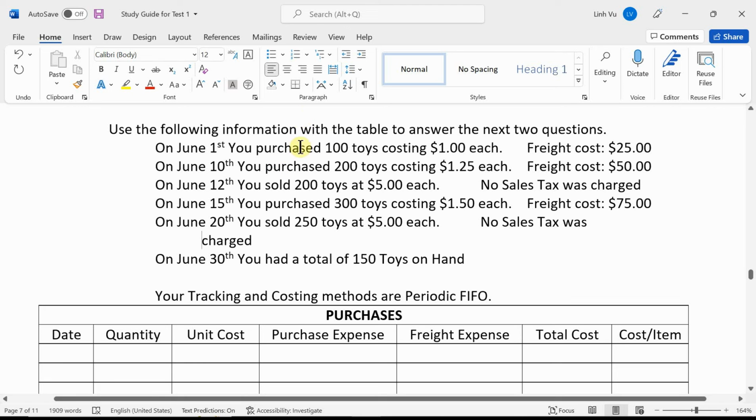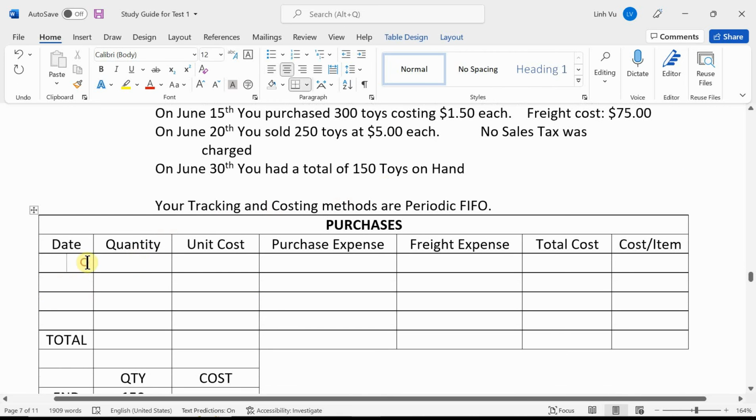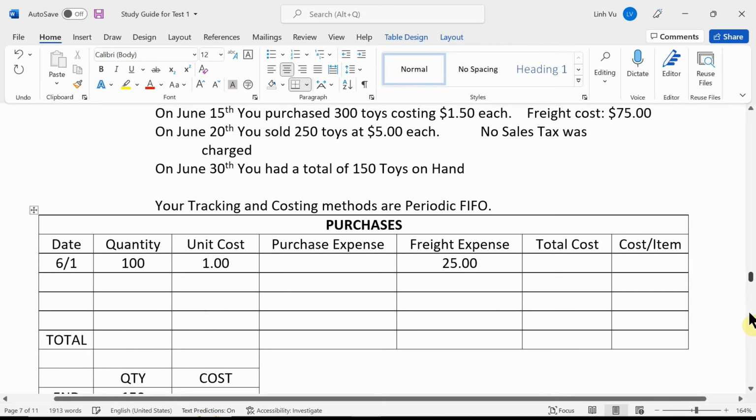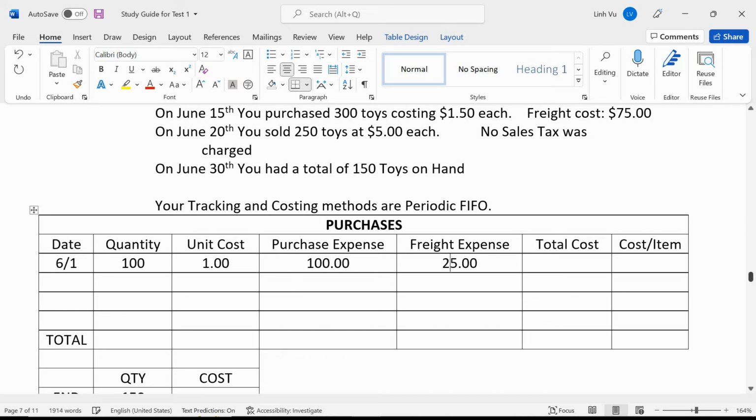Where it says June 1st, you purchased 100 toys at $1 each, with the freight costing you $25. So, what's my total purchase price here? $100. $100 plus 25 gives you a total cost of $125. And because it's FIFO, we need to keep our batches separate.